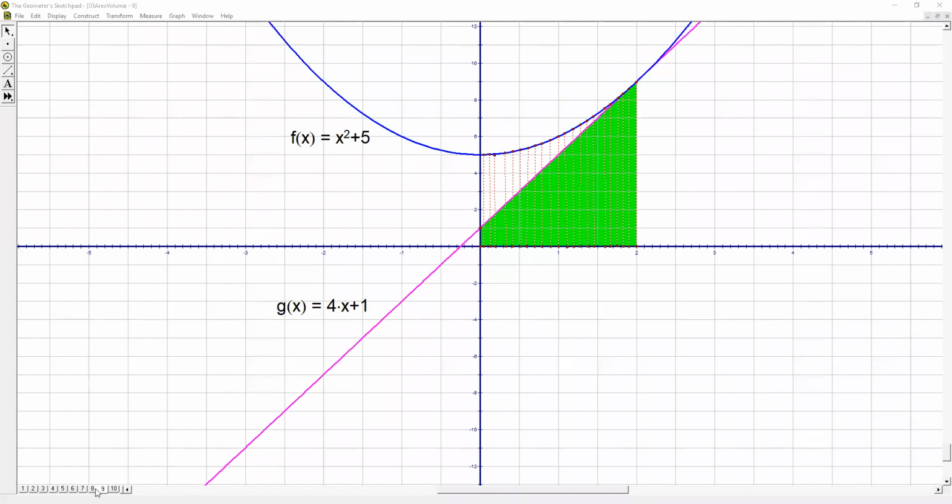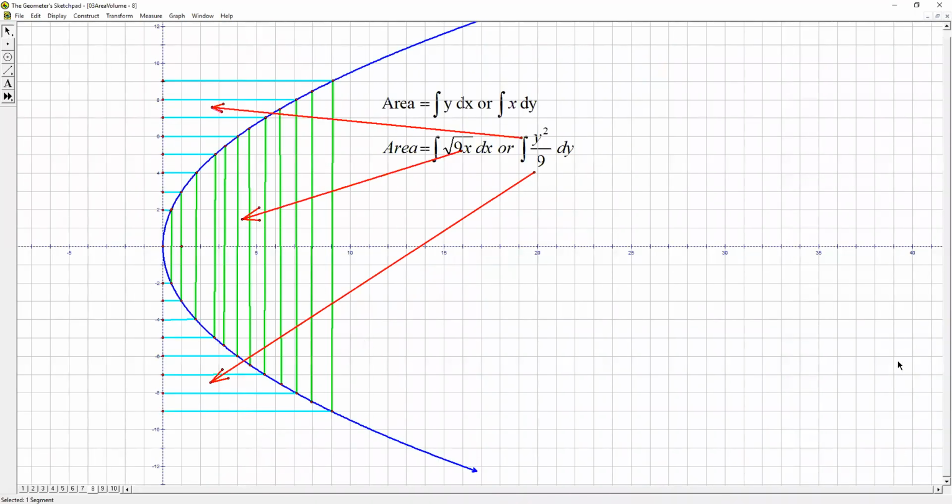Not this picture. Ah, yes, this picture. Big and very clear. I explain slowly and you listen carefully. The area that is required by the question is this shaded green color.